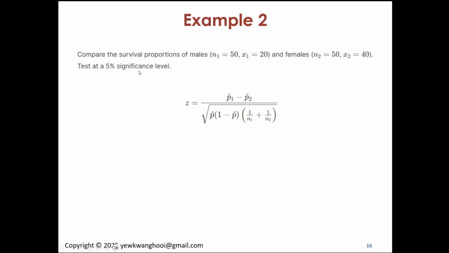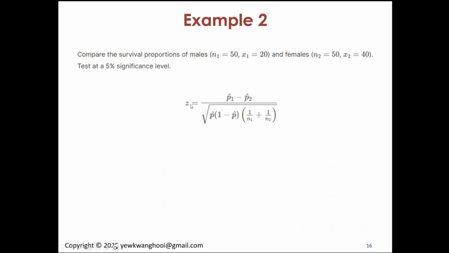So what do we do? Again, form the hypothesis and then find the Z value. So the Z value here, you have a sample proportion for male minus sample proportion for female, and then you use this formula. Just plug in the value. N1 is the size of the male, 50, and then N2 is the size of female, also 50.